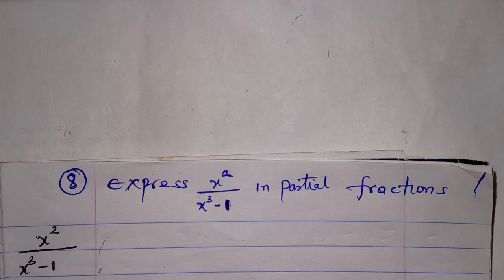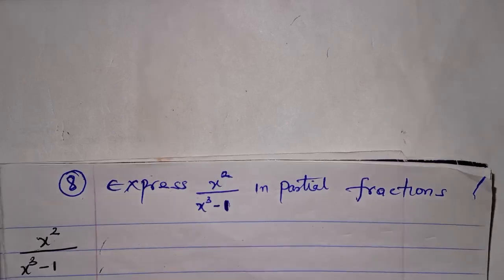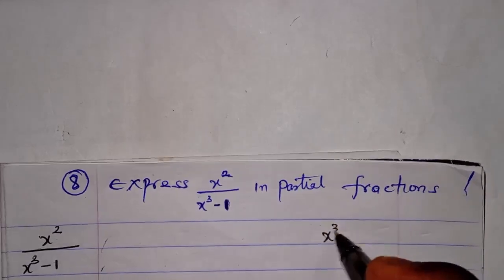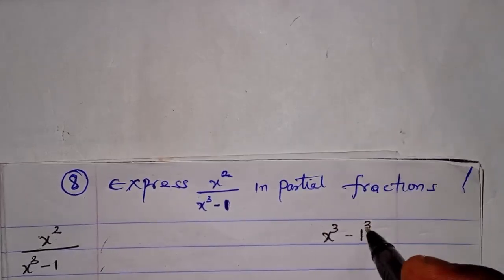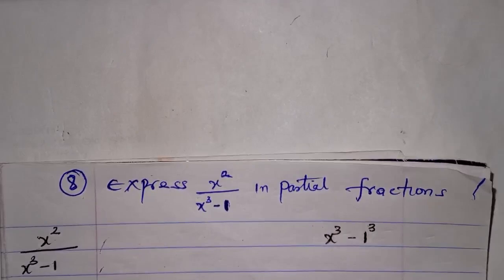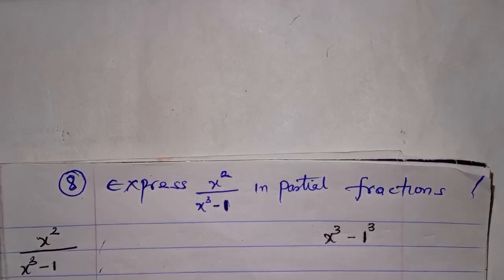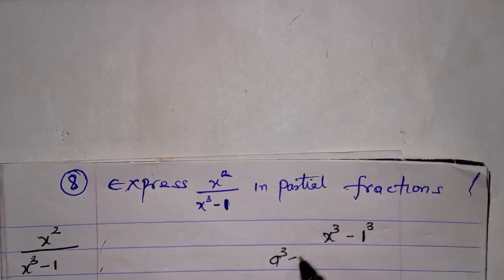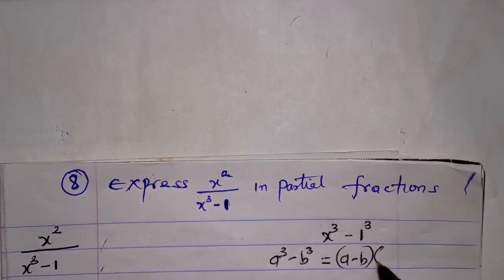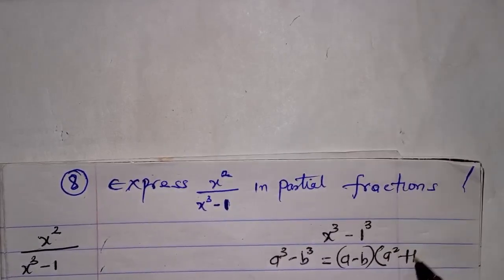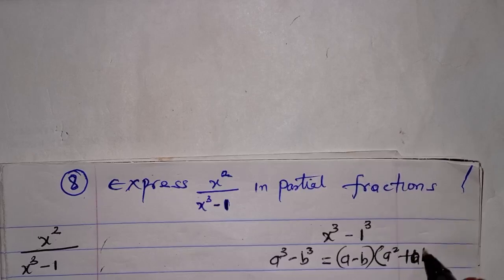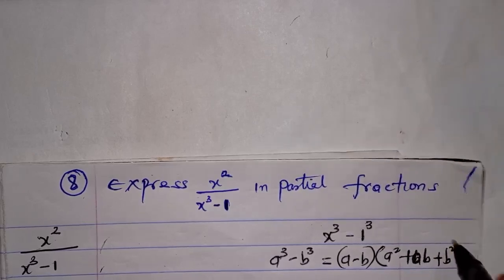The denominator is a difference of two cubes. It is x cubed minus 1, and 1 is the same as 1 to the power of 3. So the formula for the difference of two cubes: if we have a cubed minus b cubed, it means a minus b into a squared plus ab plus b squared.